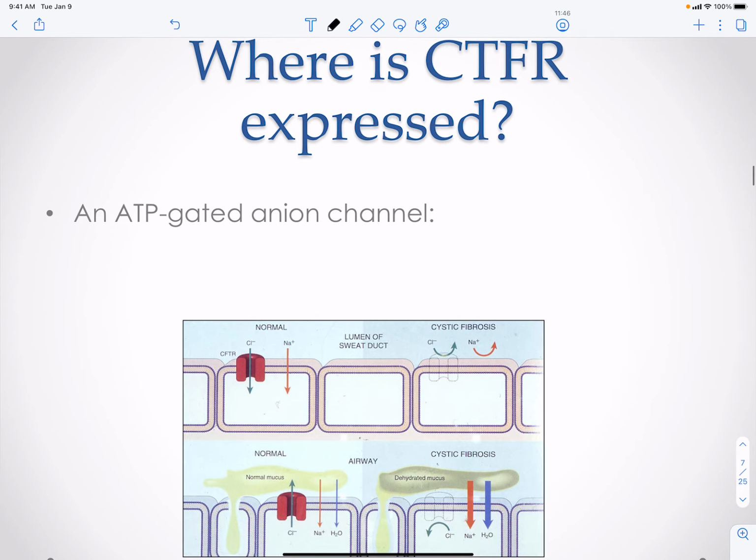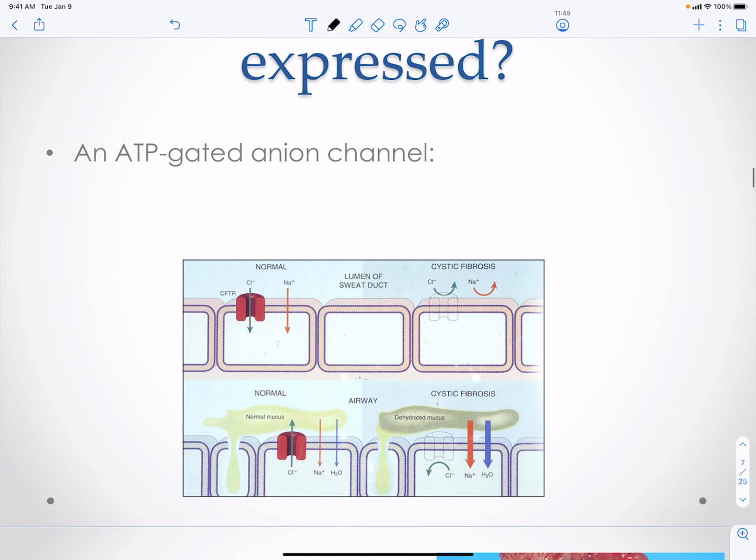So the cystic fibrosis chloride channel is going to be expressed in the membrane of cells that produce mucus, sweat, saliva, tears, and digestive enzymes. So that's why your lungs are affected, and that's why your pancreas is affected.